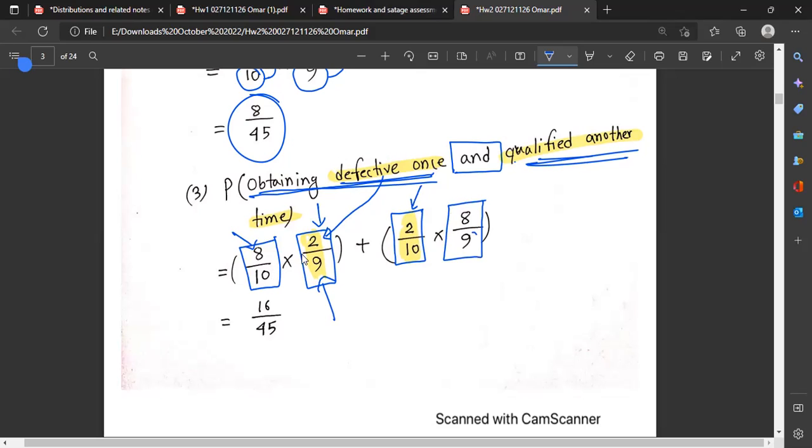So as we take the first one here, we take defective for the second time. So we have to take qualified for the first time. So 10 out of 8, they are qualified. Then times 9 out of 2, they are not qualified. So this is defective for the second time. But now we have to take defective for the first time.